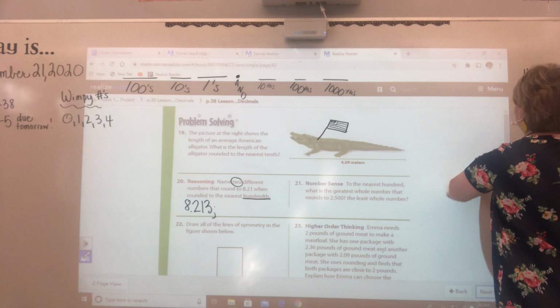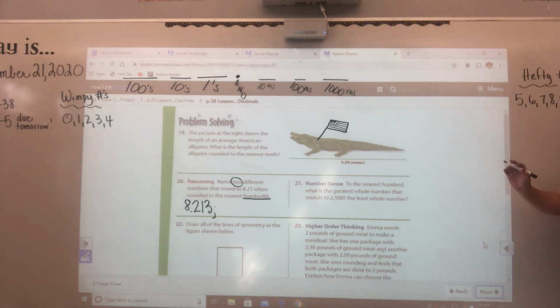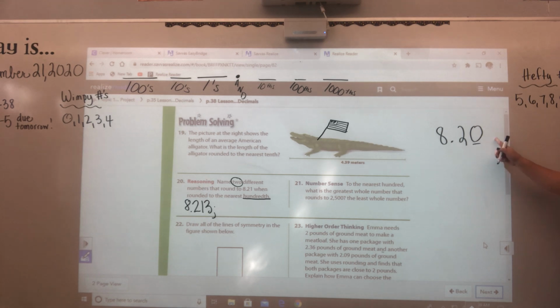Okay, I'm going to give you something, hold on, I'm going to make it be something. It has to start with this. So what number has to go here? This is the place we're underlining. So what number has to go there?